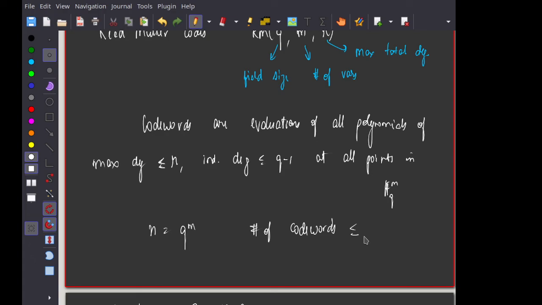For the case where r is less than q, max degree is less than the field size, then we can get a nice expression.